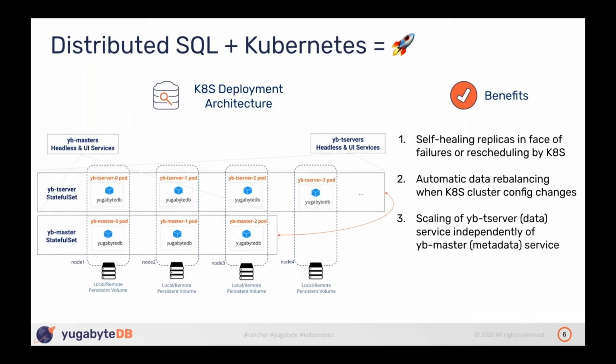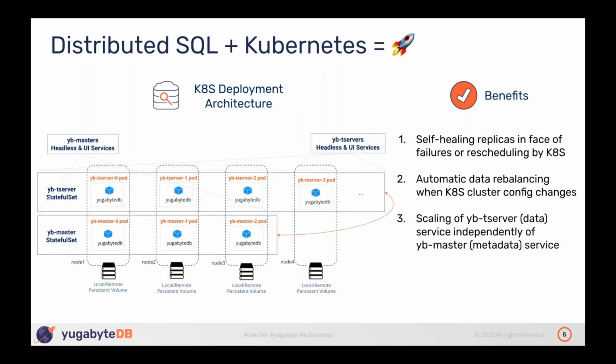Last but not least, by dividing into the core database stateful set, which is the YB TServer, and the config management database stateful set, which is the YB Master, you can scale them independently. The YB Master typically remains in a 3-pod architecture, very similar to how HCD remains inside a Kubernetes cluster.